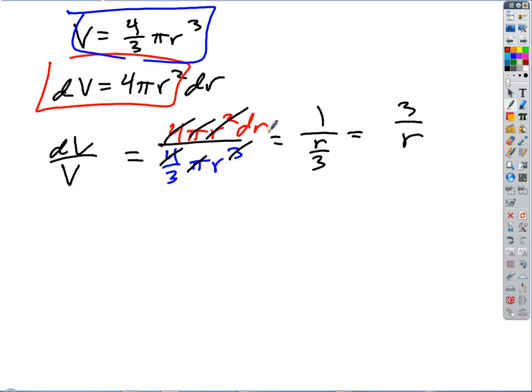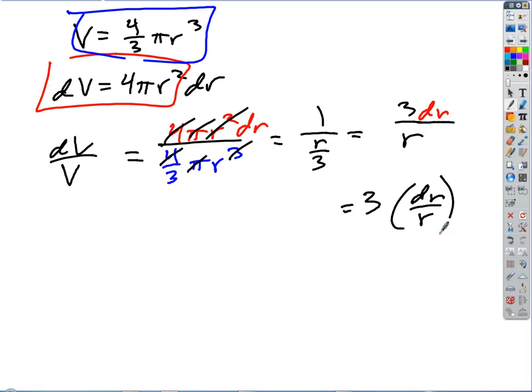So on the top we get 3 dr over r. Okay? Now, that's pretty cool. Think what that just said. The relative propagated error in volume, then, we could think of as being 3 times the relative measurement error. That's interesting. Don't you think? You think what that's saying?